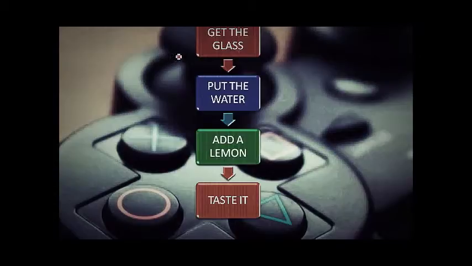The first instruction is get the glass, then you tell him to put the water, then to add a lemon, and finally when the juice is ready you tell him to taste it. Look here, it's very important. Here you are giving some instructions. This is one instruction, this is another instruction, and this is also another instruction.